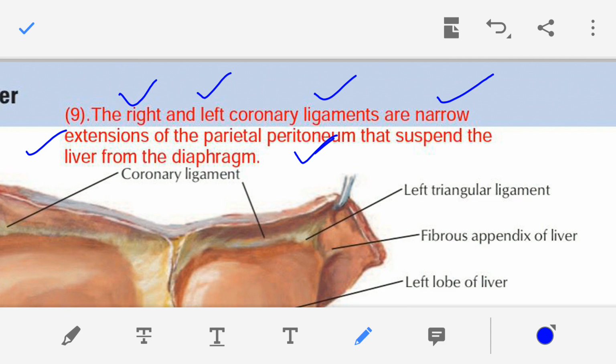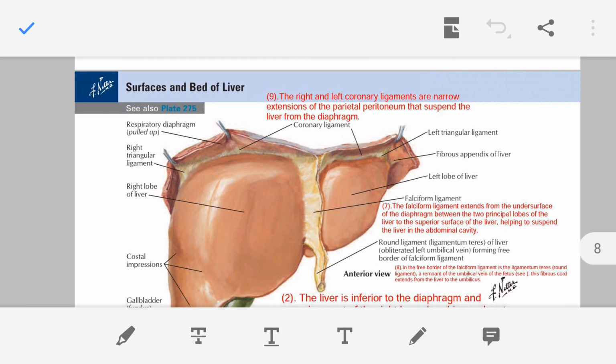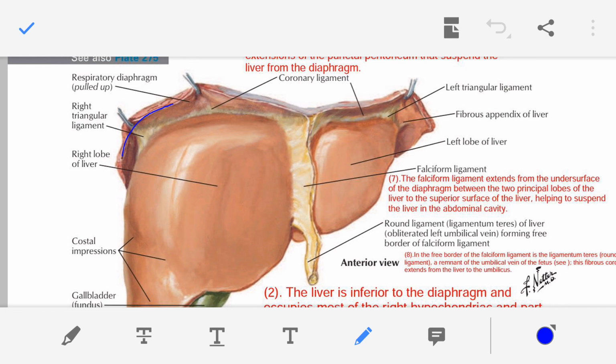And what is the function of this coronary ligament? These ligaments are suspending the liver from the diaphragm. Here you see, this is the diaphragm, and here this is the coronary ligament.